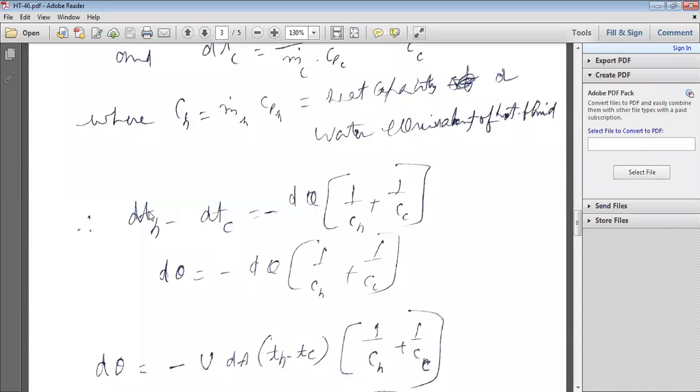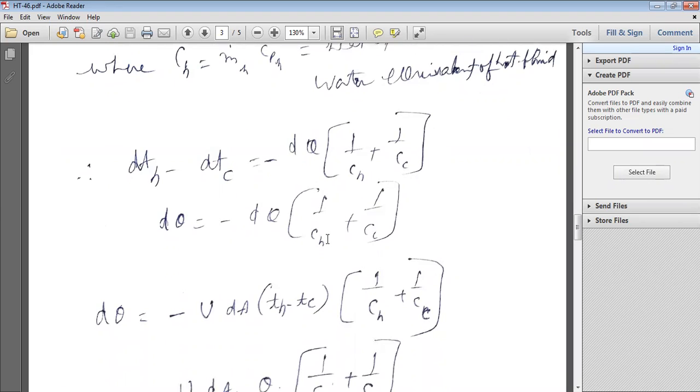That is Th minus Tc, which we can take as theta, the temperature difference between the hot fluid and cold fluid. Therefore, d theta is equal to minus dq into 1 by CH plus 1 by CC, where CH is the heat capacity of the hot fluid and CC is the heat capacity of the cold fluid.